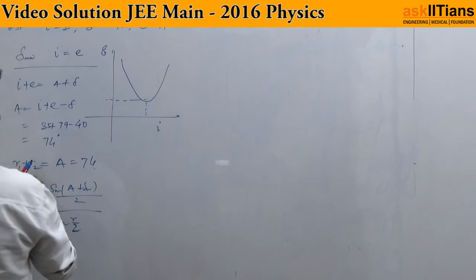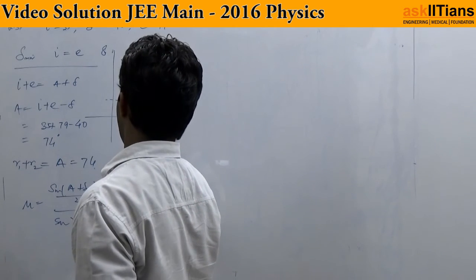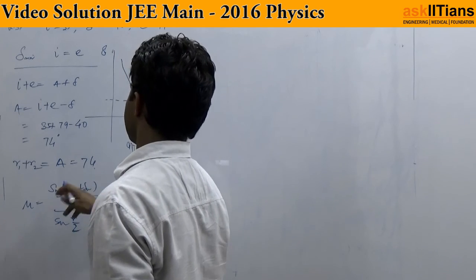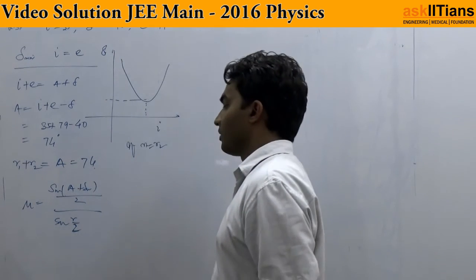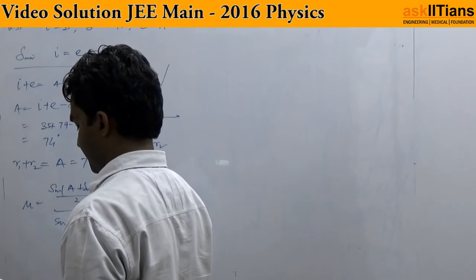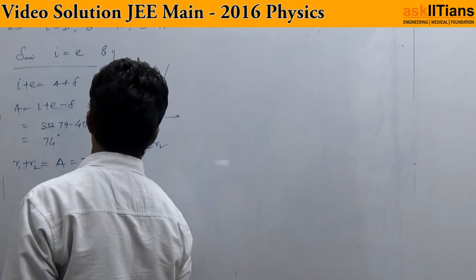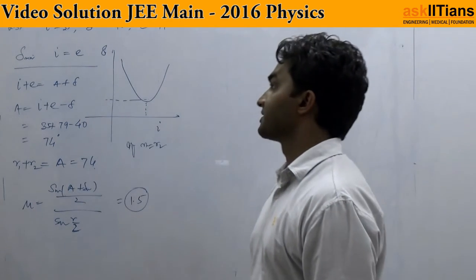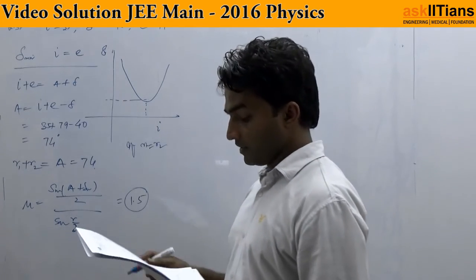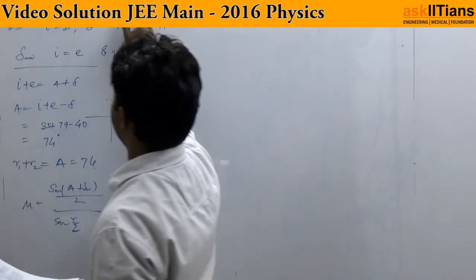If r1 is equal to r2, we can say r is equal to 74 by 2. Putting this value in the main equation, we are getting mu equal to 1.5, for which the angle of minimum deviation is 40 degree.